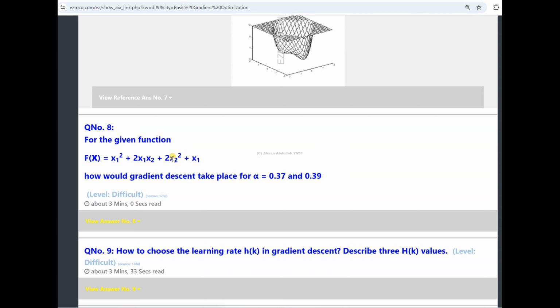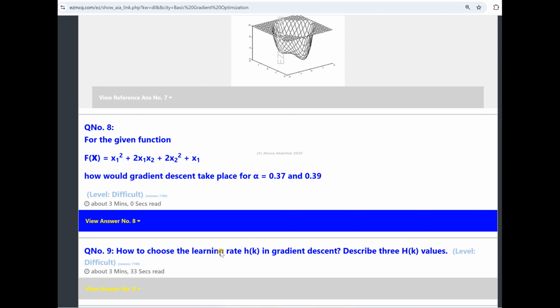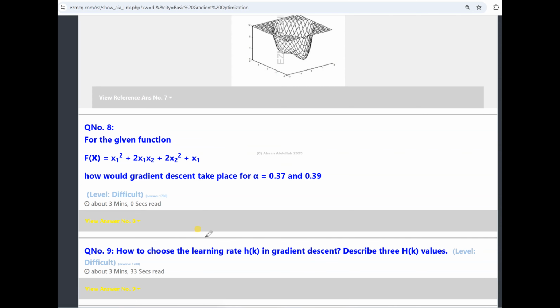But how the gradient descent takes place depends upon the learning rate, which controls the size of the step.